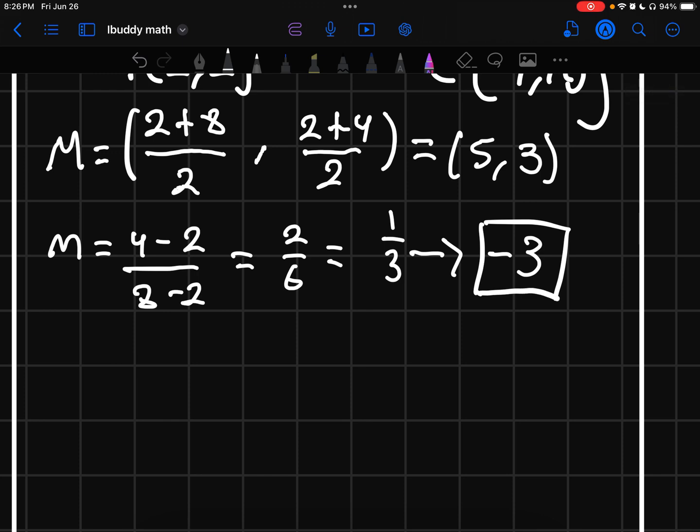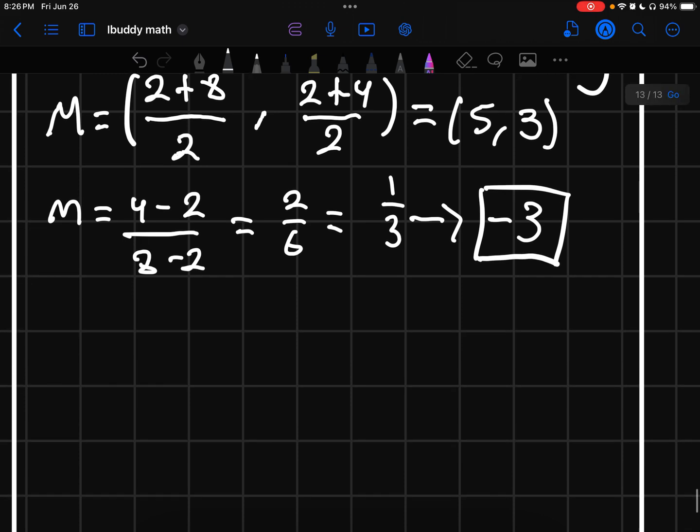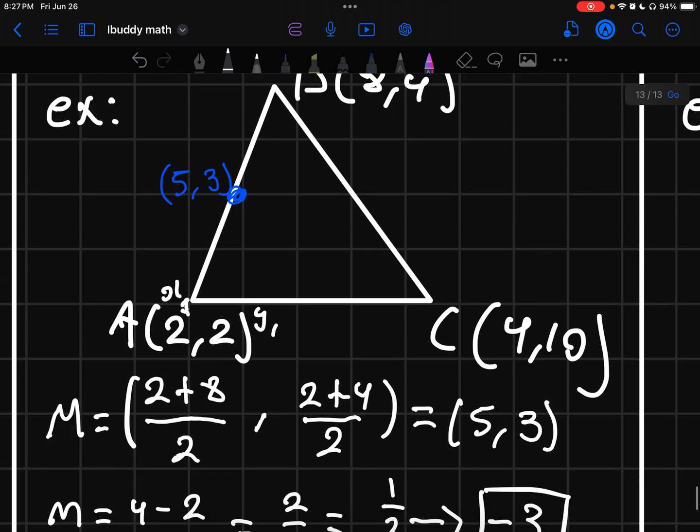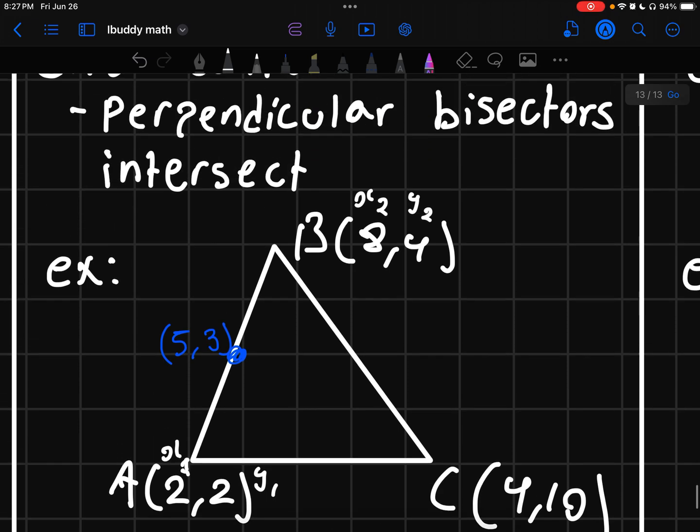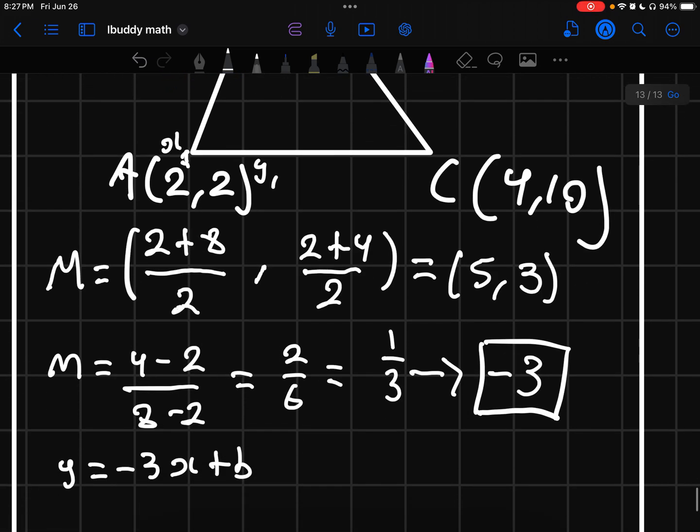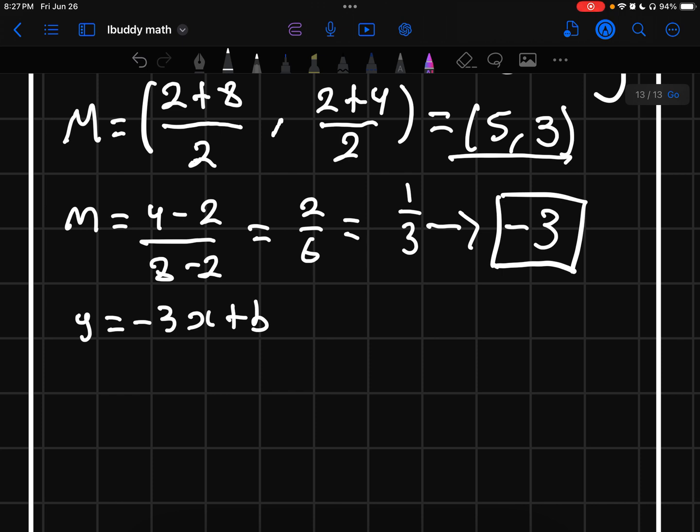So now we can put it into y equals mx plus b and turn it into y is equal to negative 3x plus b. And now you substitute the midpoint in. So here we substitute 5, 3.